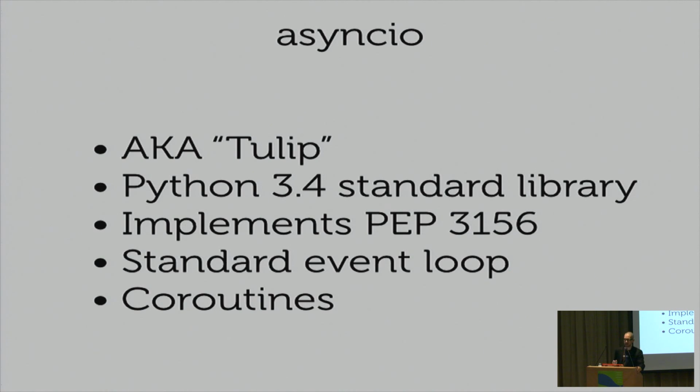Asyncio contributes a standard event loop to the Python standard library. And this is a really exciting development in Python's history. It means that in the past decade, we've had to continuously reinvent the wheel.